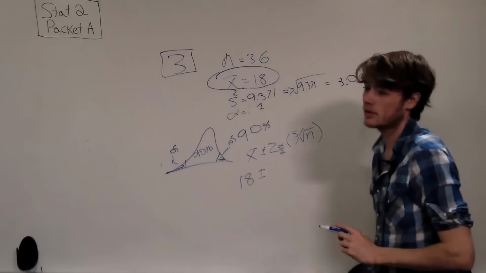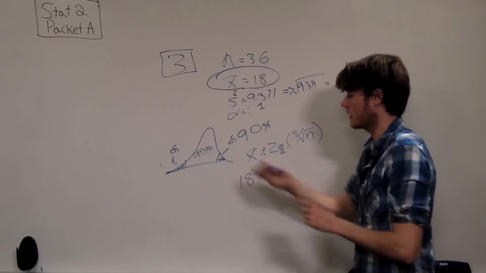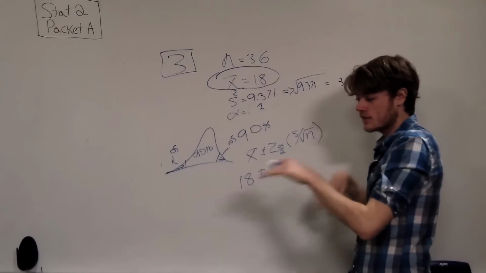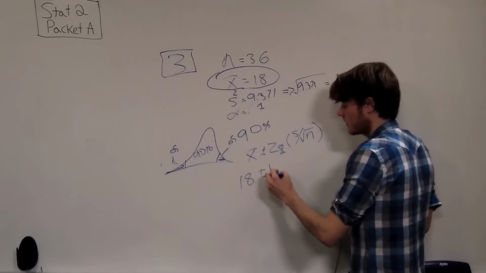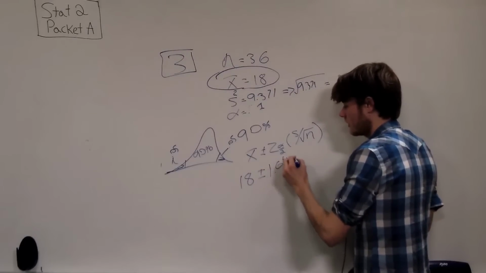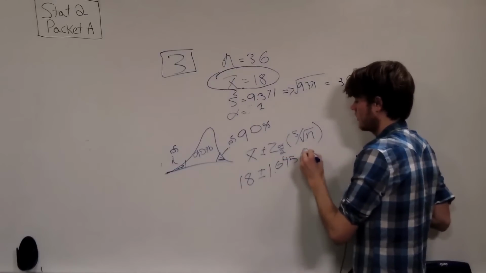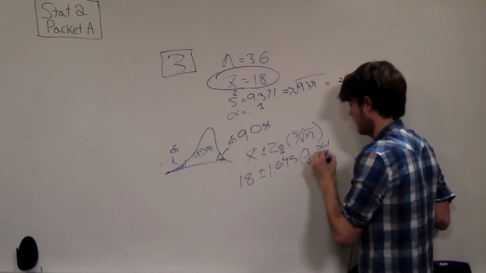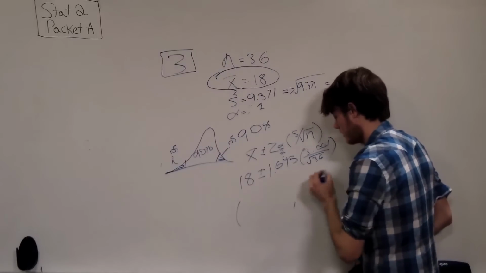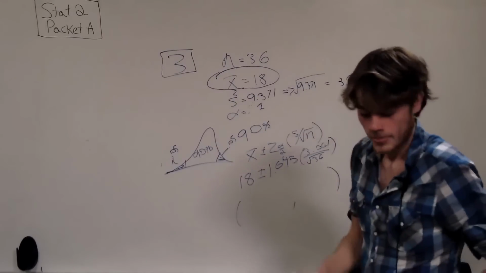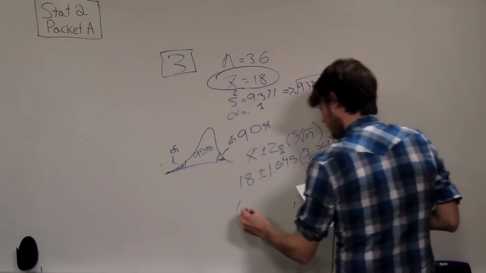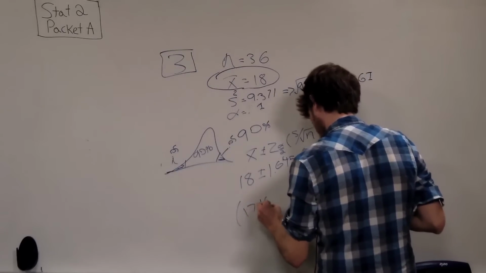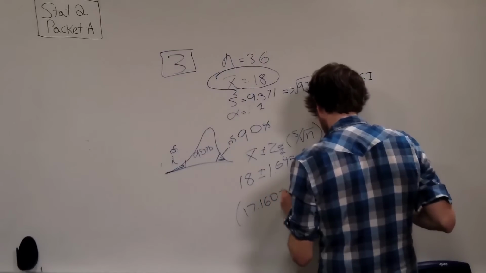If you look at the infinity row of your t-table, you get the same thing, 1.645. So 18 plus or minus 1.645 times 3.061 over the square root of 36, which gives 17.1607 as the lower bound.